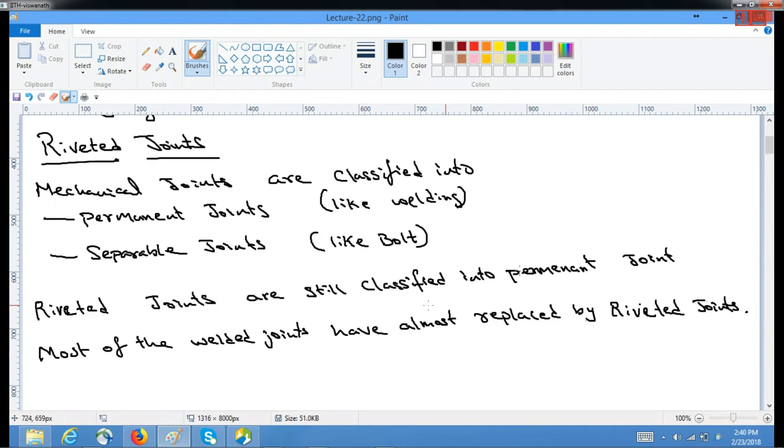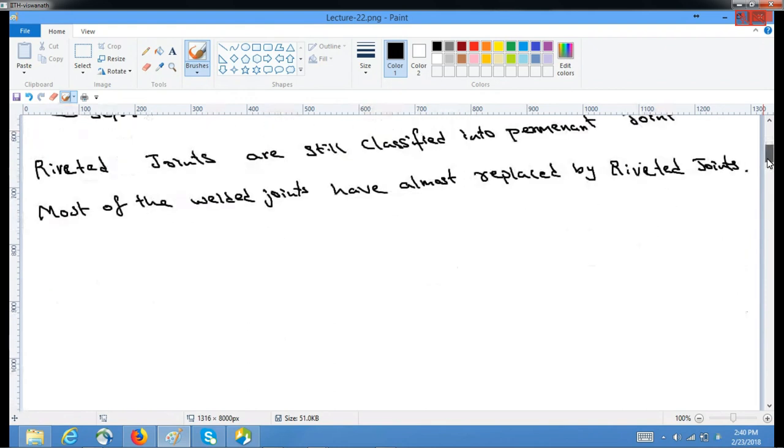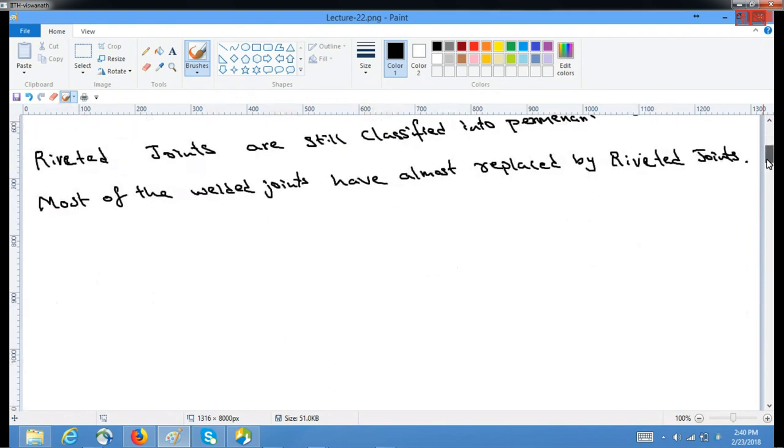So now let us understand the process of how many types of riveted joints there are and what the rivet would be.